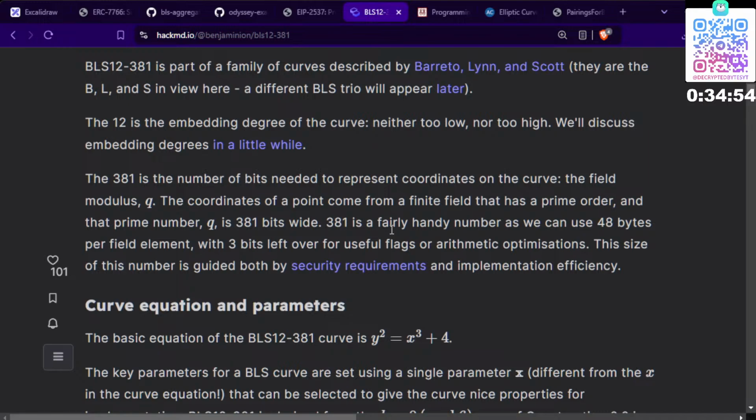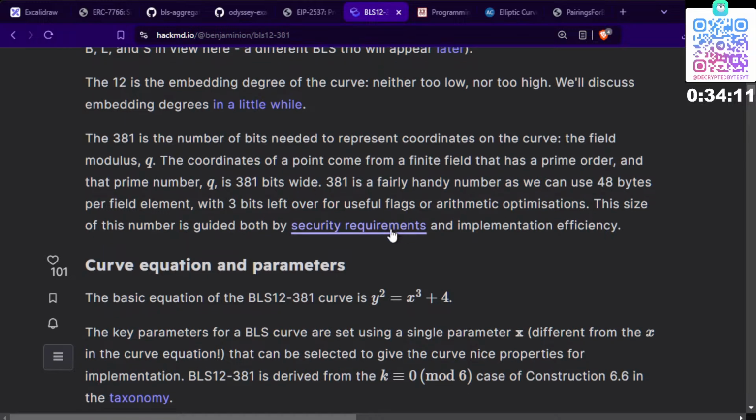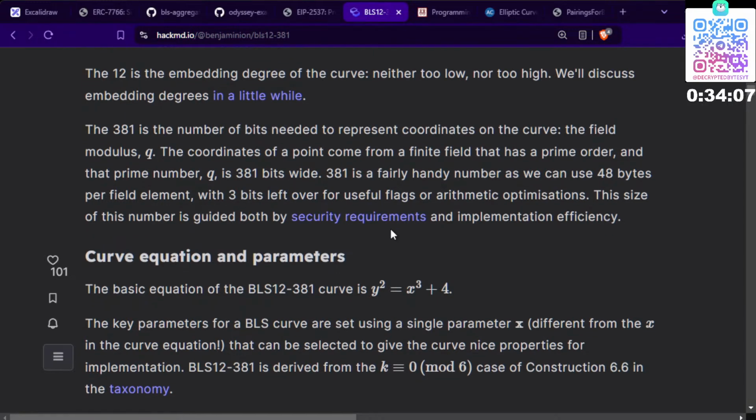The field modulus q: the coordinates of a point come from a finite field that has a prime order, and that prime number q is 381 bits wide. 381 is a fairly handy number as we can use 48 bytes per field element with 3 bits left over for useful flags or arithmetic optimizations. The size of this number is guided both by security requirements and implementation efficiency.